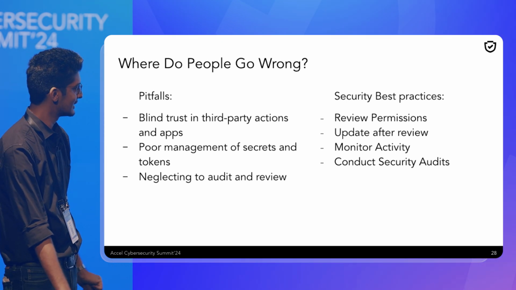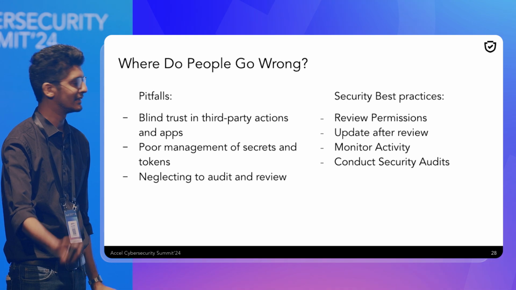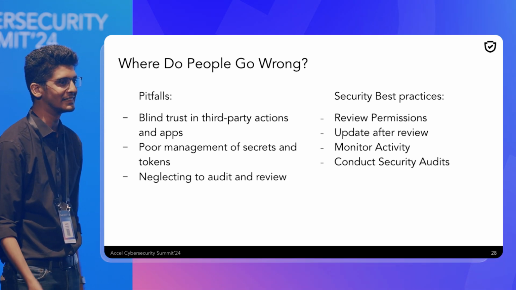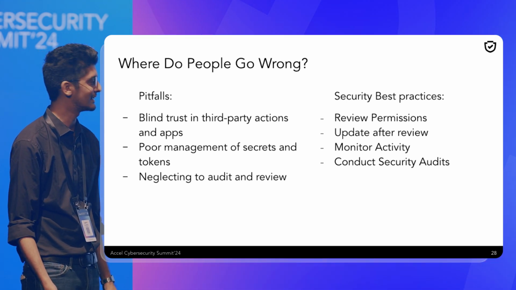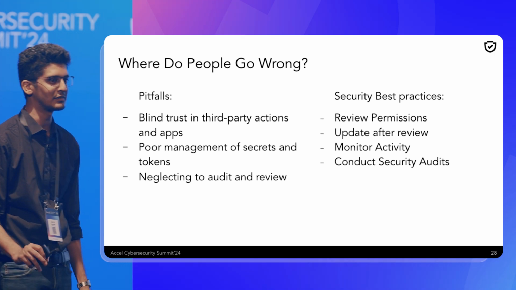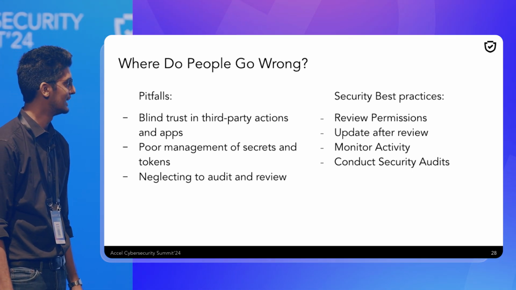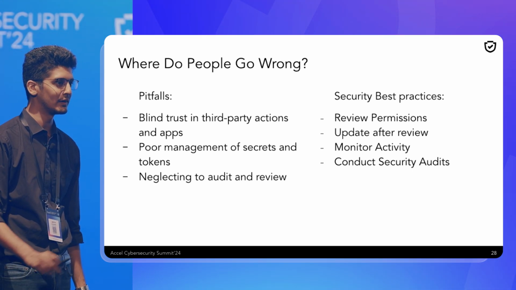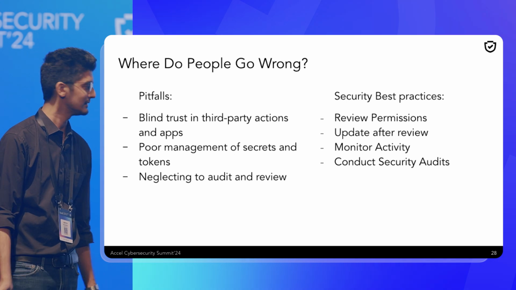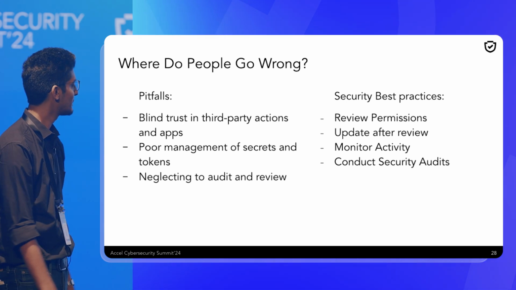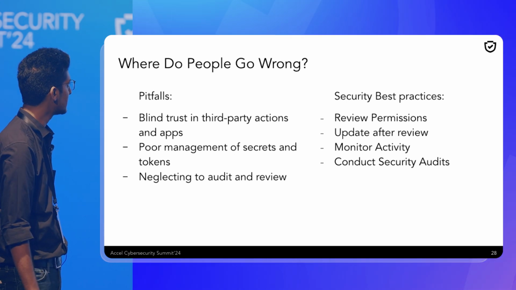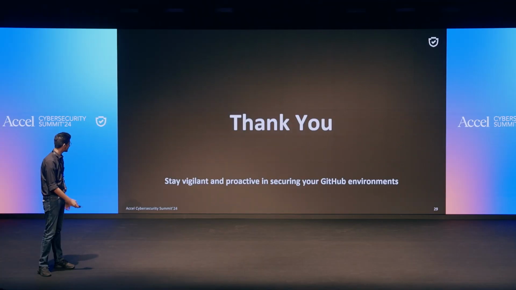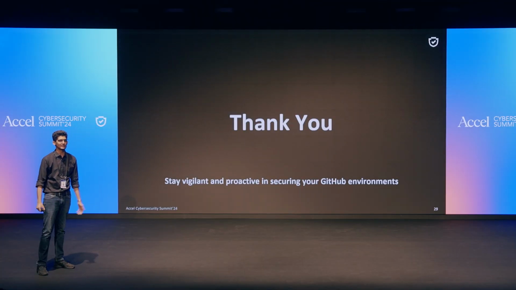But apart from this, I would like to reiterate: read proper documentation for each and every third-party app and action. That would save you a lot of time in case you're using an unvetted, unreliable third-party app or action. Yeah, that's about it. If you guys have any questions, feel free to ask.